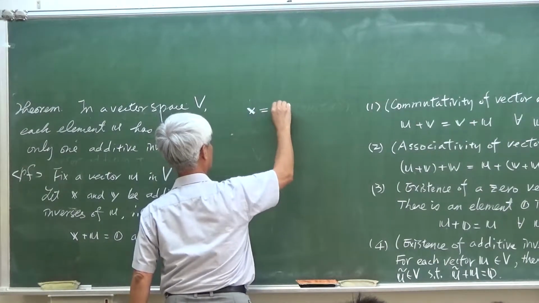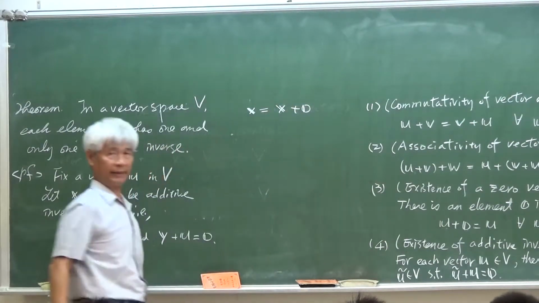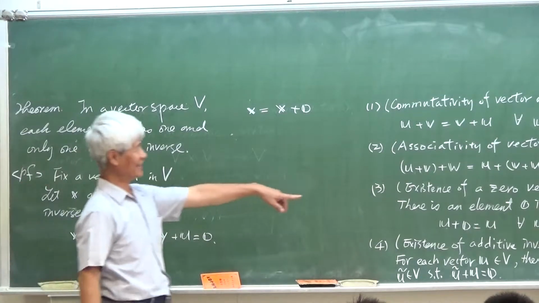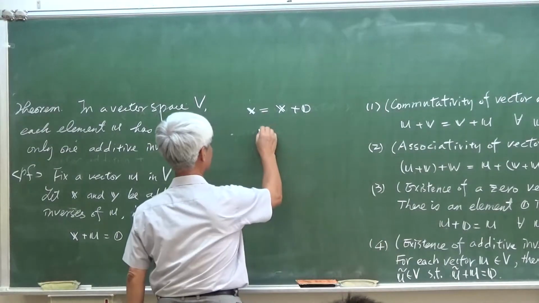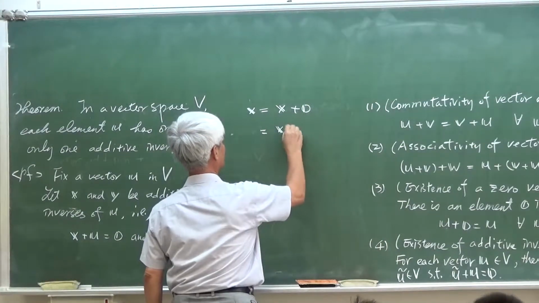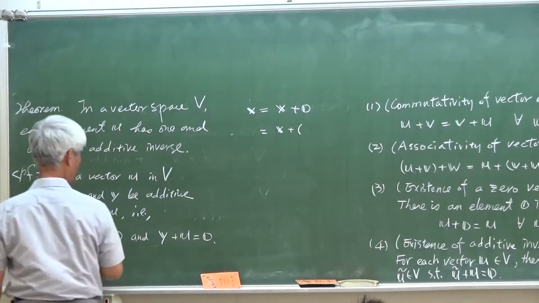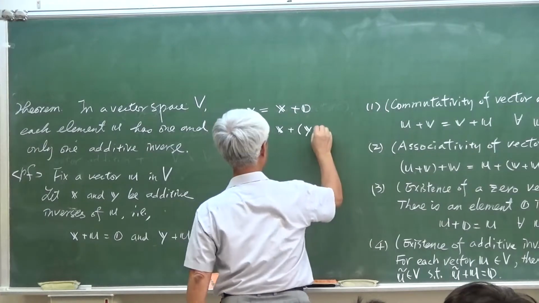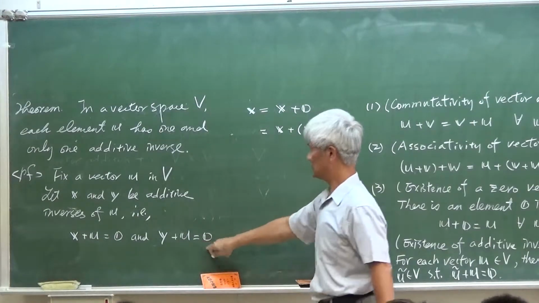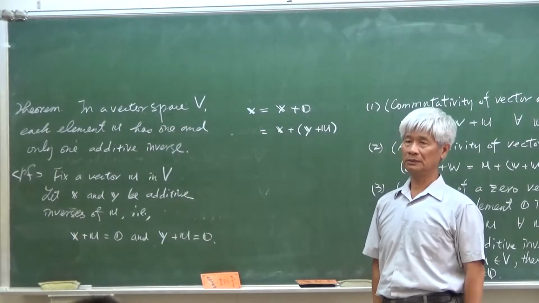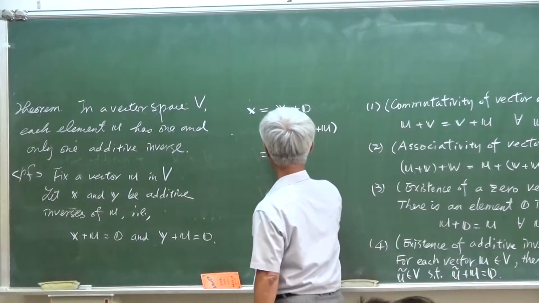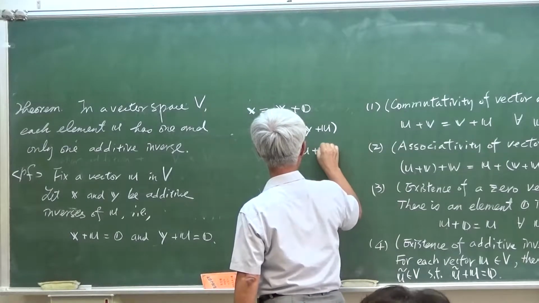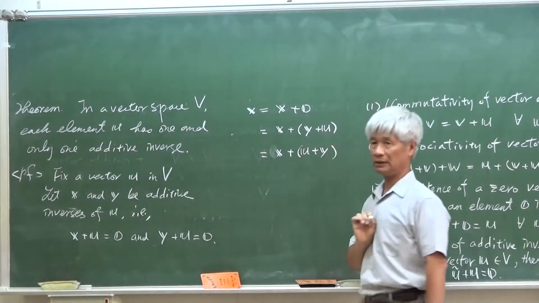x is equal to x plus 0, that is the existence of the zero vector. Now this time, for 0, I want to use y plus u, because of this property. And by commutativity, I exchange the order.